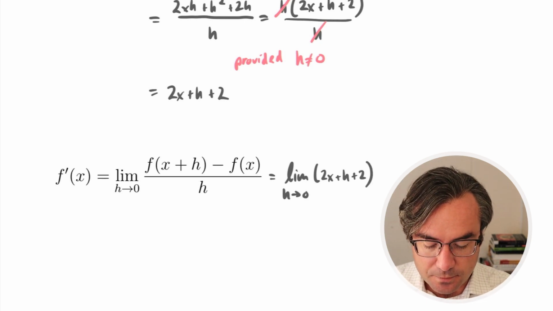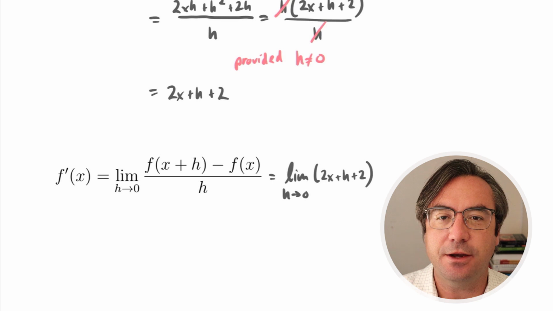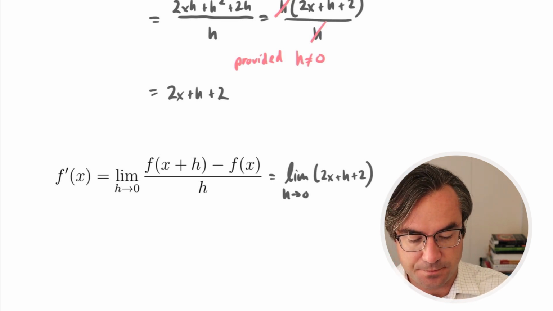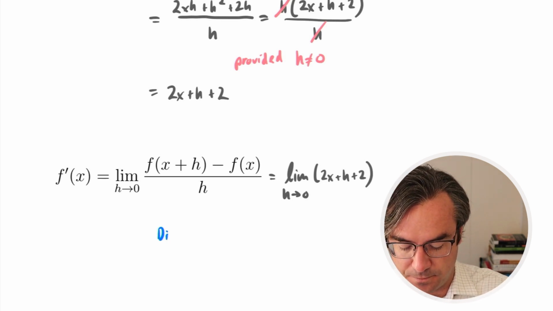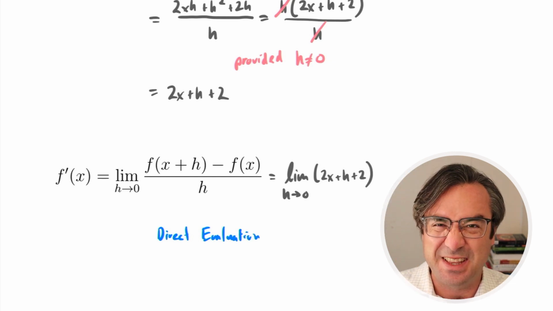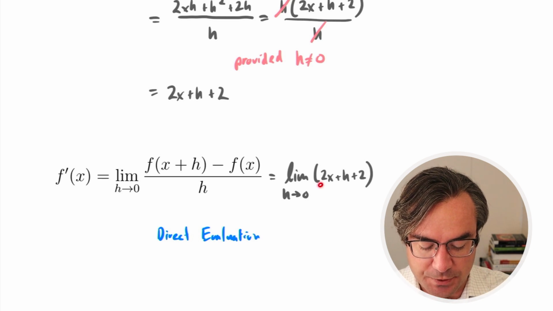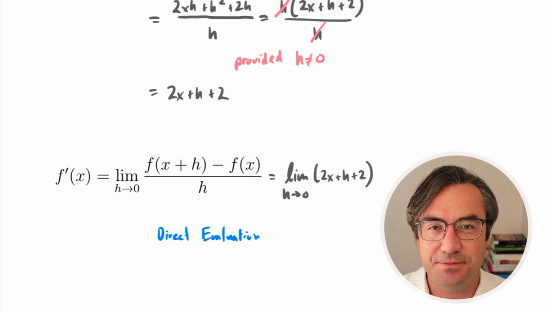Now we use our limit technique of direct evaluation. The tricky thing here is a lot of times when we're doing this, we should have x's and h's in our expression.